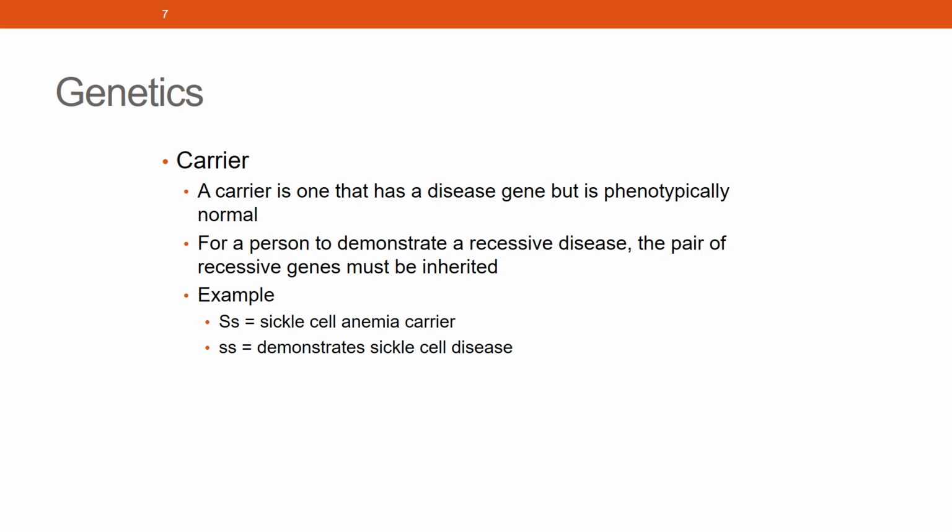Of course, if we have two capital letters S, that means the patient is neither a carrier nor has the disease whatsoever. So a person cannot give the disease to his or her offspring.